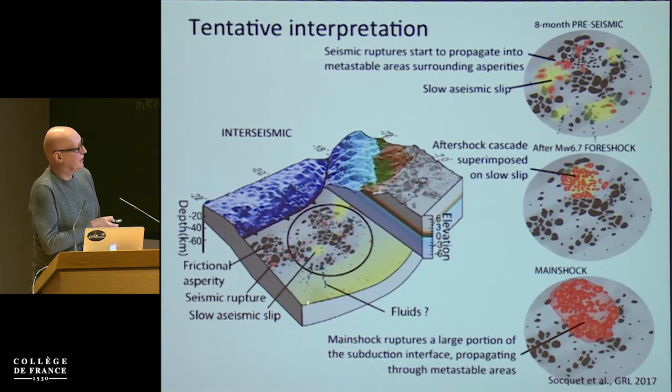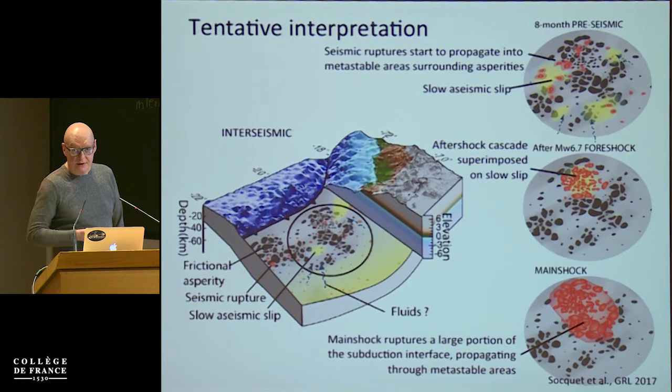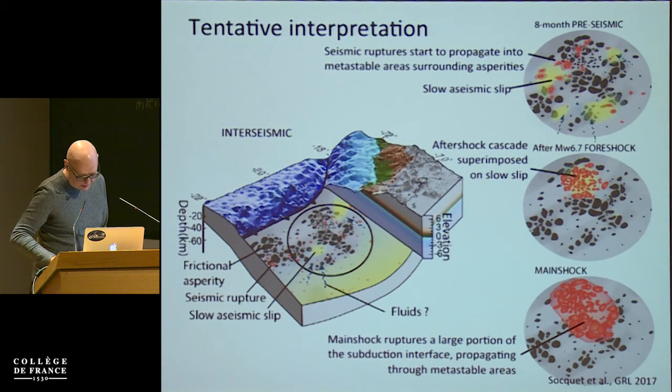And once you've started feeding the bottom of the seismogenic zone, you can start having slow slip events that eventually will lead to megathrust earthquakes. So my main interest here is trying to understand how we can get fluids to this region here.